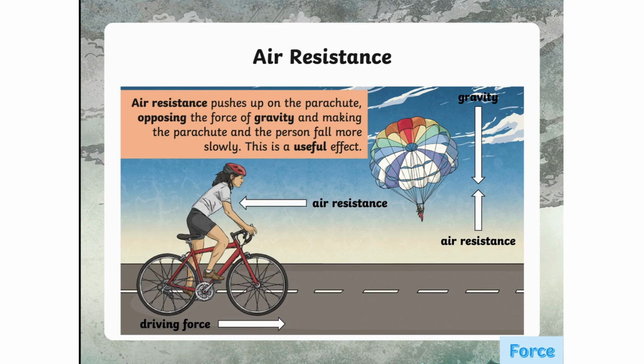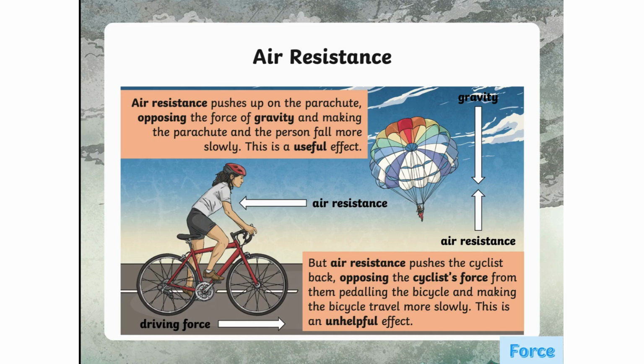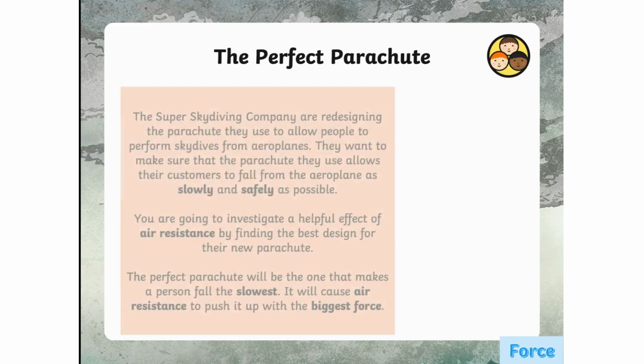This is a useful effect. But air resistance pushes the cyclist back, opposing the cyclist's force from pedaling the bicycle and making the bicycle travel more slowly. This is an unhelpful effect.